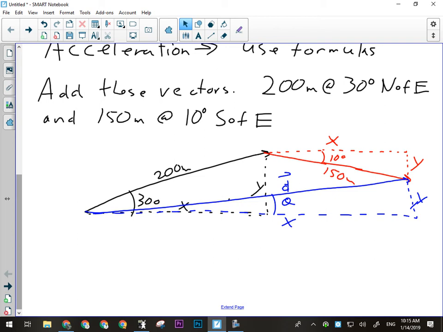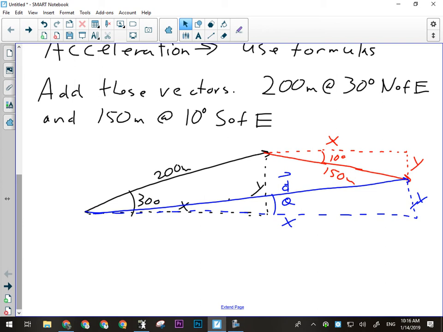So that would be your first mark for a question like this, drawing the vector diagram. Now, if I'm going to find out how big D is, the blue triangle, then I have to know how far horizontally this thing goes and how far vertically it goes and in what direction. So I've got to find all the X's and all the Y's for the two vectors that make this up.